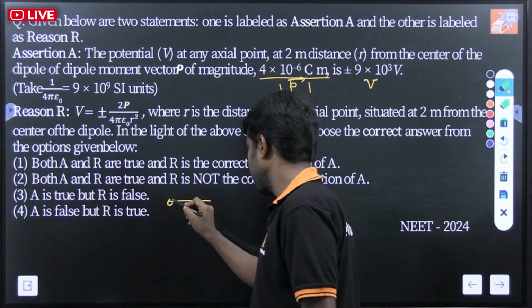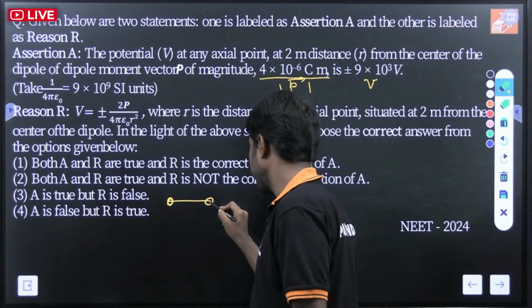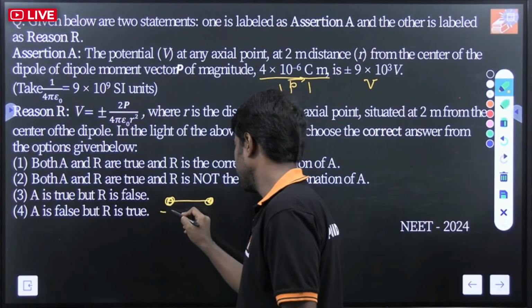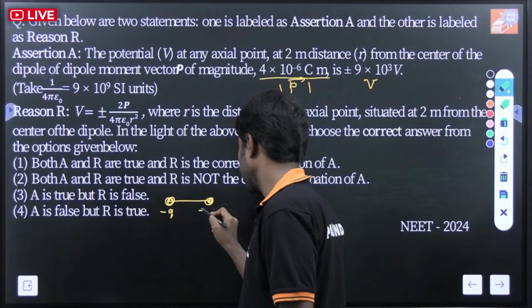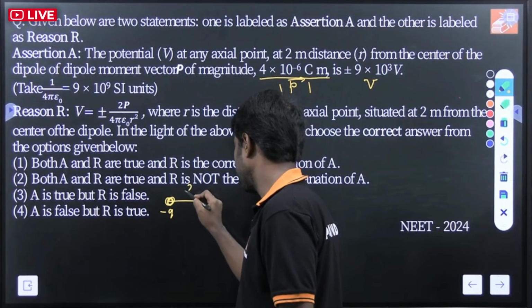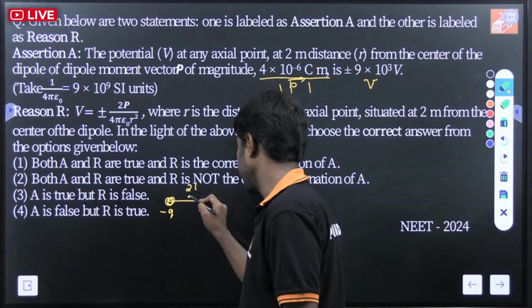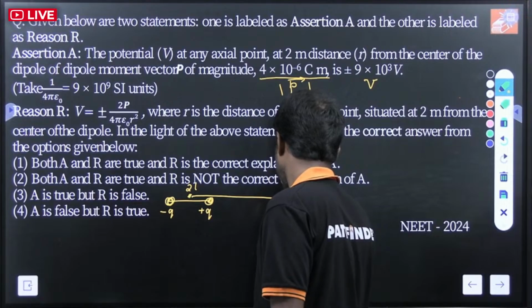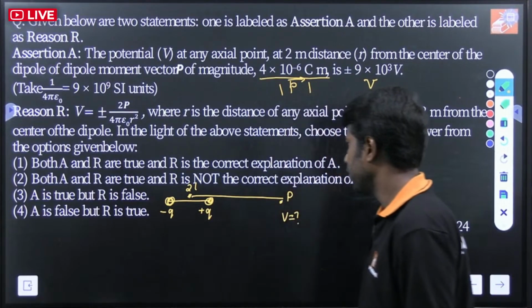So here we have a dipole. On one side we can take negative charge Q, and on the other side positive charge, and they are separated by 2L distance from the center point, and this is our point P where we have to find the potential.